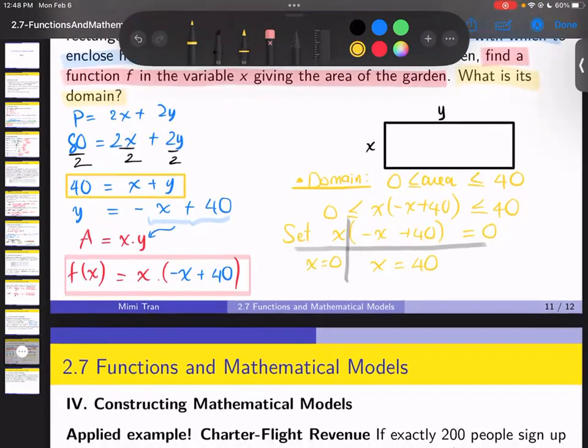These values right here, you remember they're called critical values from 661, 662? Do you guys know how to solve an inequality for a quadratic? You know, test points and all that.